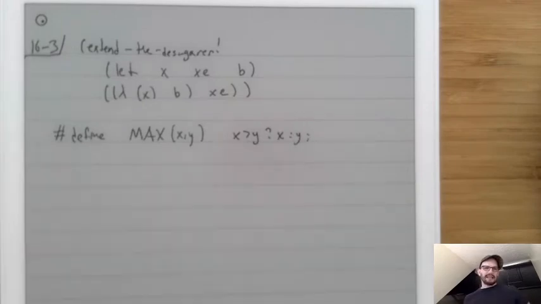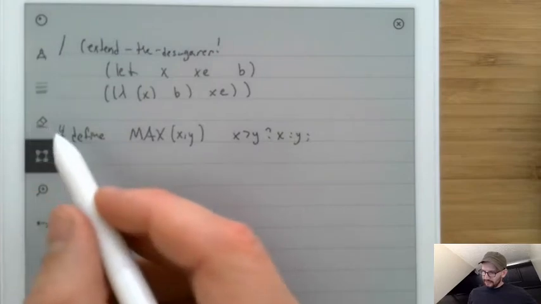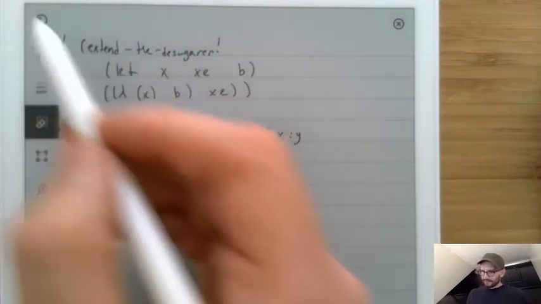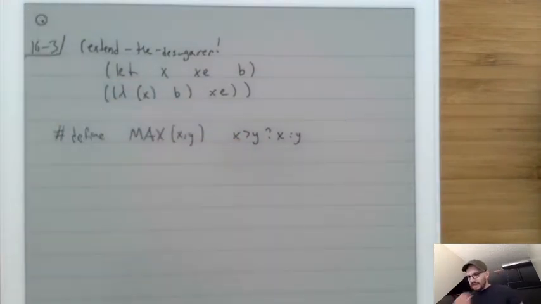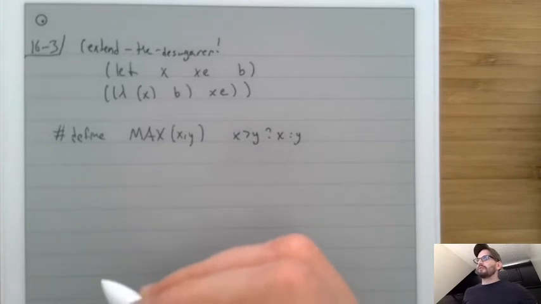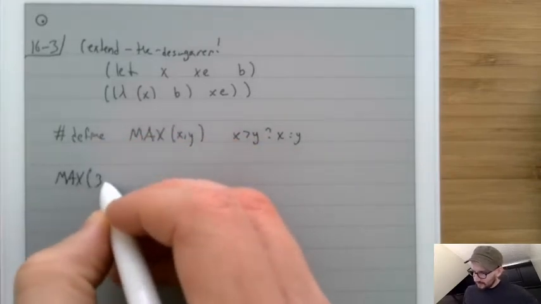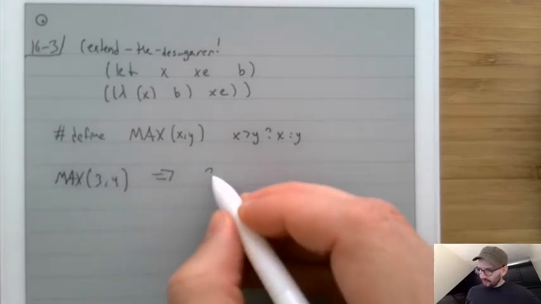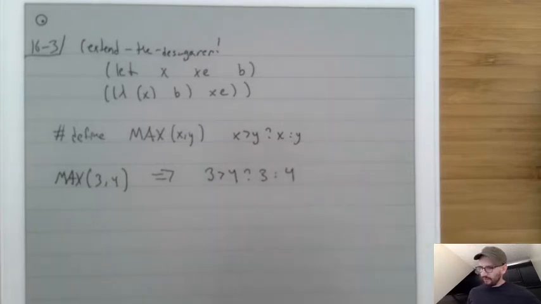So we can write that in C. Then in our programs, you could write something like max 3, 4, and then that is going to be turned into 3 greater than 4, question mark 3, colon 4. Okay?